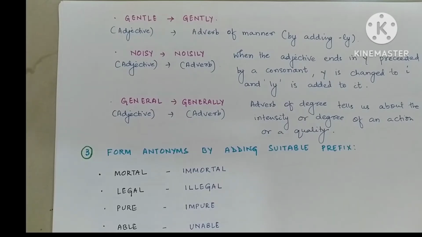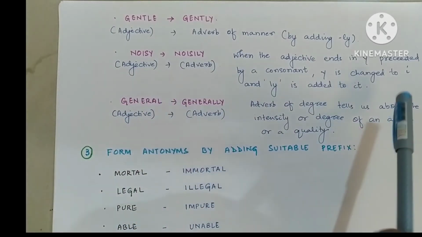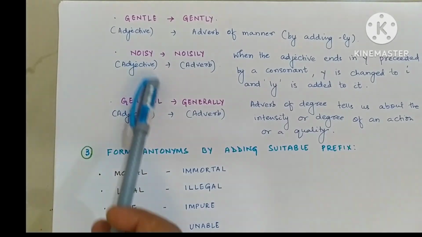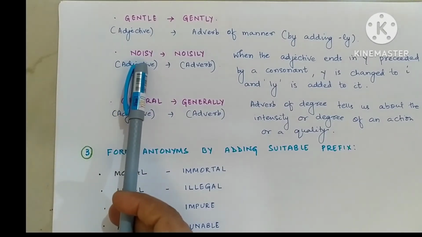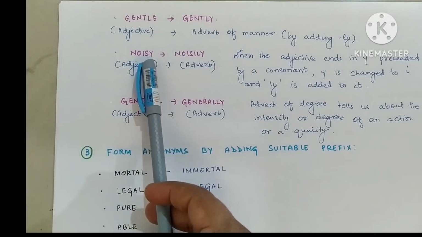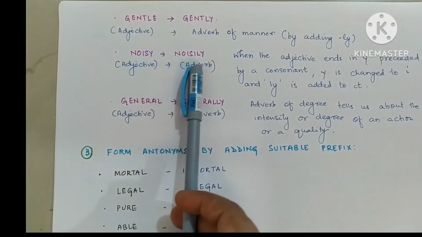Now noisy becomes noisily. Noisy is an adjective and the adverb is noisily. Now when the adjective ends in y, like in noisy, N-O-I-S-Y, it is ending in y. So when we change it to its adverb form, noisily, what happens is when the adjective ends in y preceded by a consonant, here it is ending in y and preceded by the consonant s, the y is changed to i, and ly is added to it.